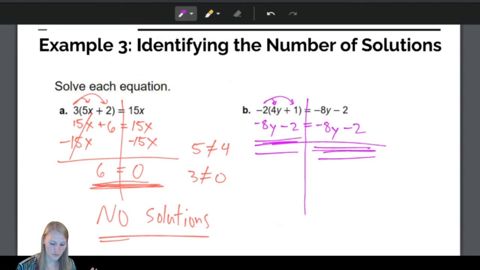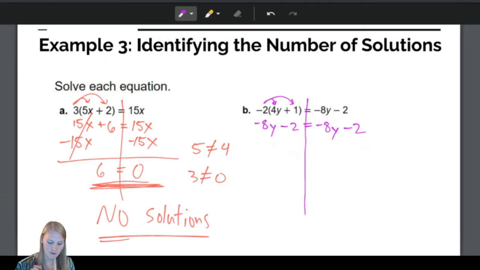We can go even further, though. So say you don't notice that right away. Say you don't see that it's negative 8y minus 2 and negative 8y minus 2. That's okay. Let's put all of our variables on one side and all of our numbers on the other side. So I'm going to put y's over here, and I'm going to put numbers over here. So I'm going to add 8y to move it over there.